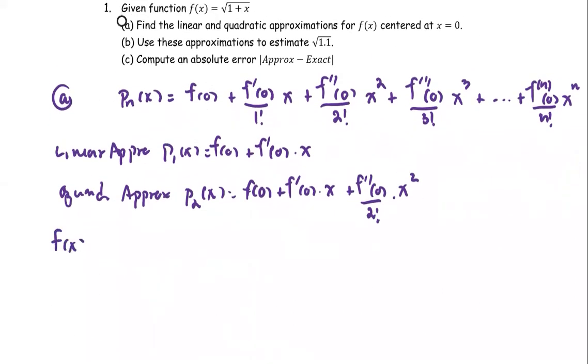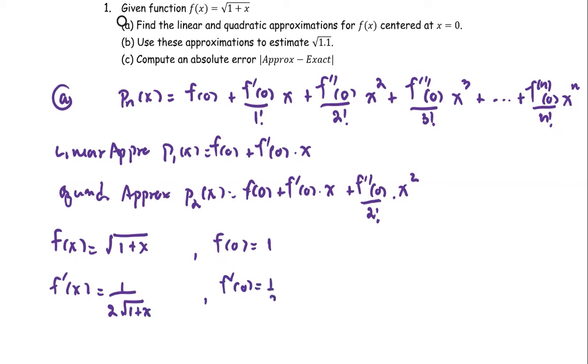As f of x equals square root of 1 plus x, the function at 0 equals square root of 1, or 1. The f prime of x is 1 over 2 square root of 1 plus x. So then the f prime at 0 equals 1 over 2.